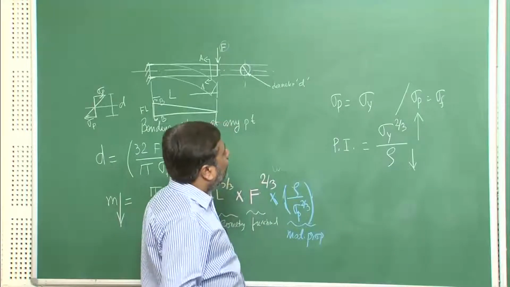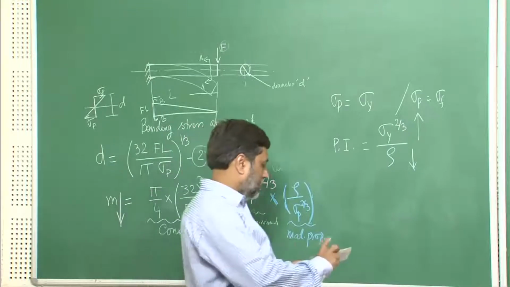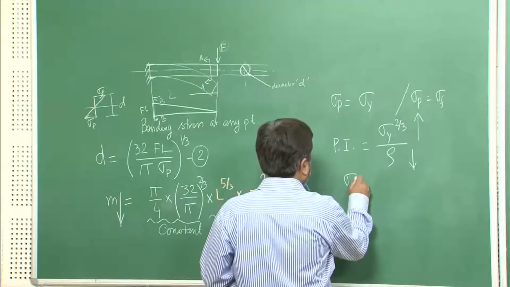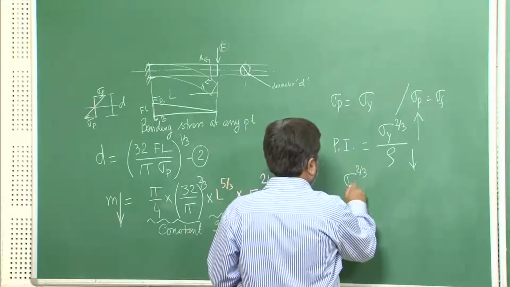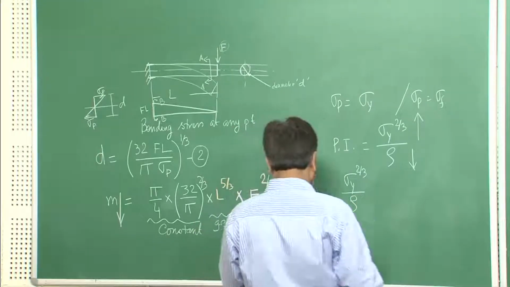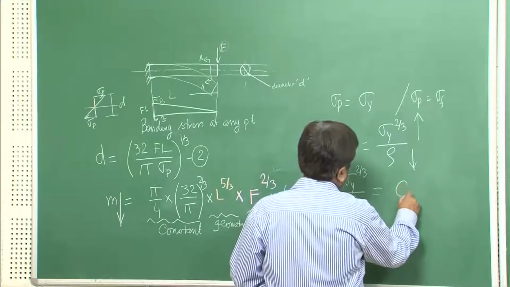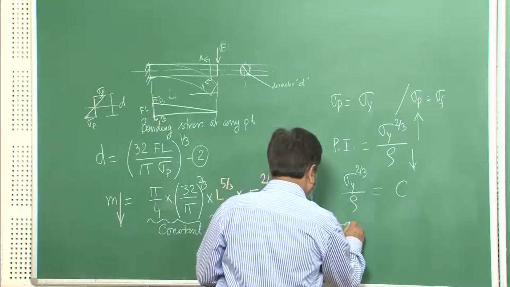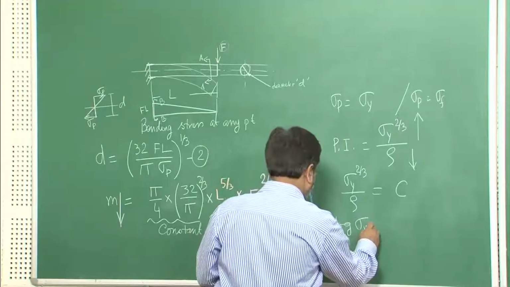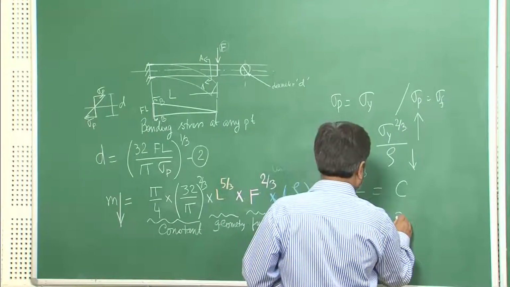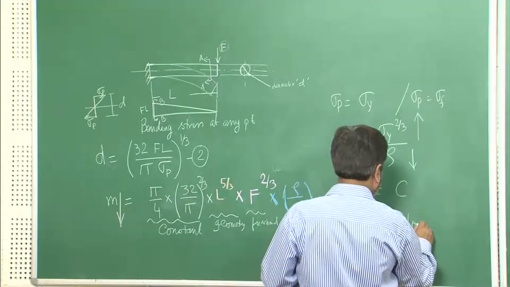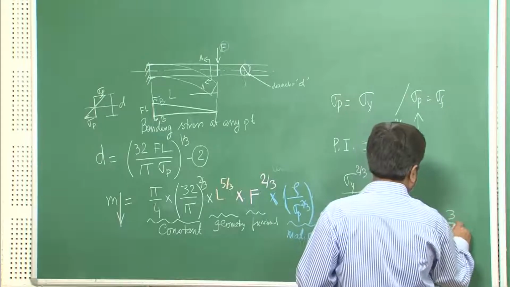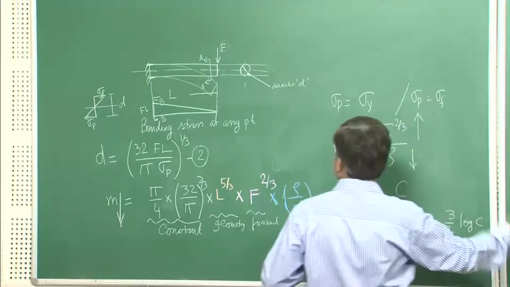So, that is where we need to draw a logarithmic curve. Suppose the constant value of this is c, then I can write that log of sigma y equals 3/2 log of rho plus 3/2 log of c.